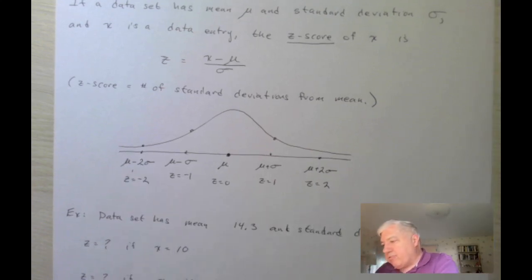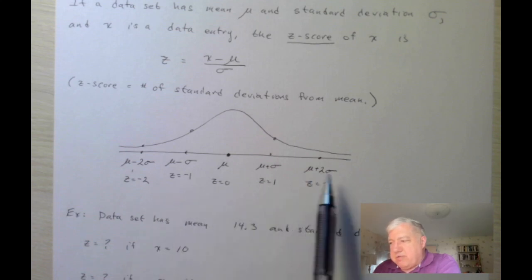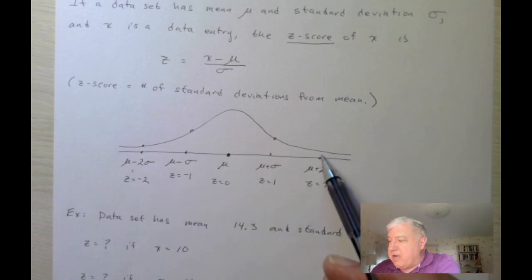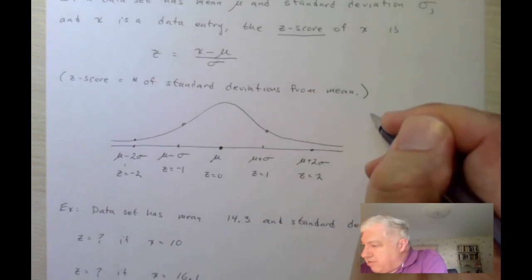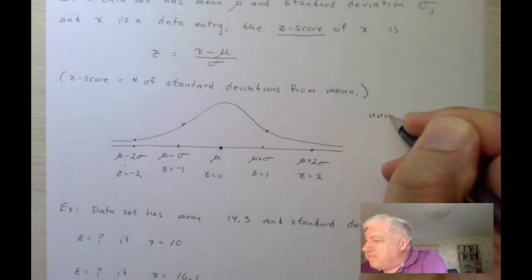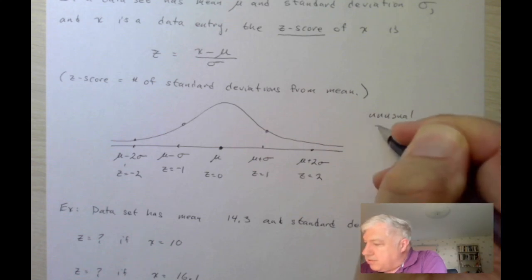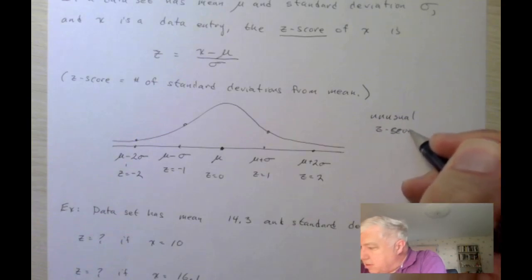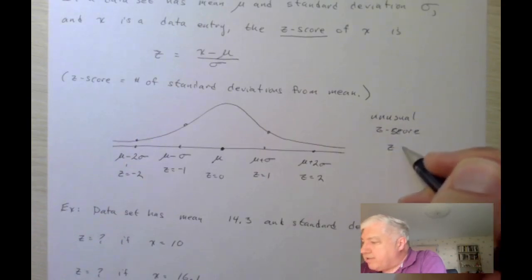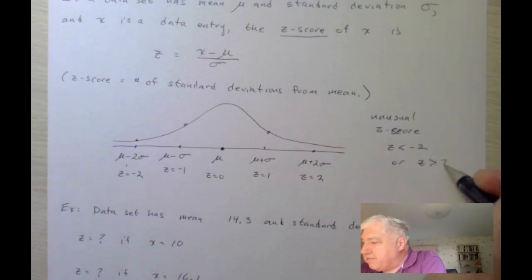And I would just remind you that data entries would be unusual if they're more than 2 standard deviations away. So we would say an unusual z-score would be either when z is less than -2 or when z is greater than 2.